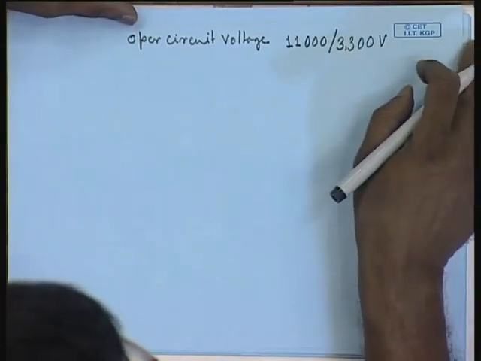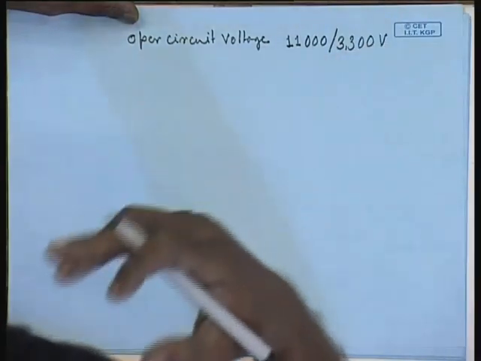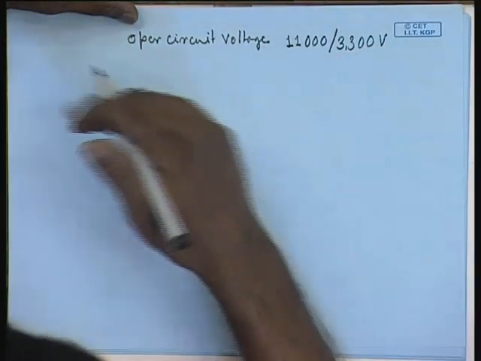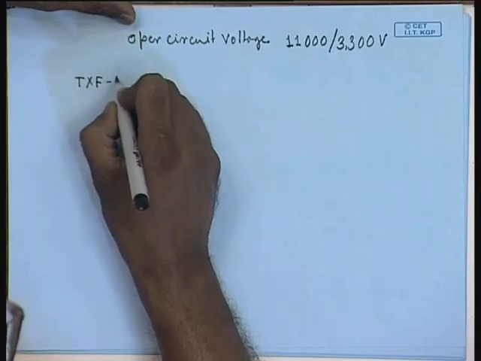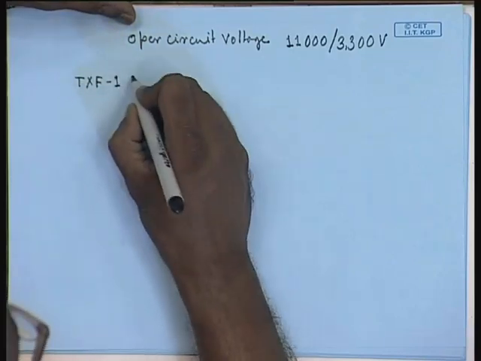Now, on short circuit test with the HV winding shorted, the first transformer one gave the following data.